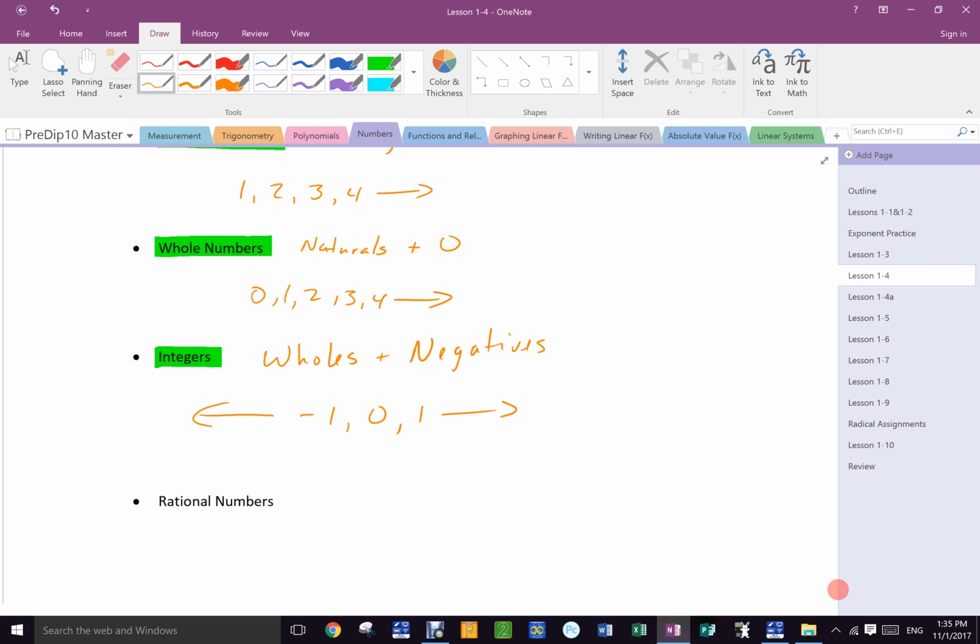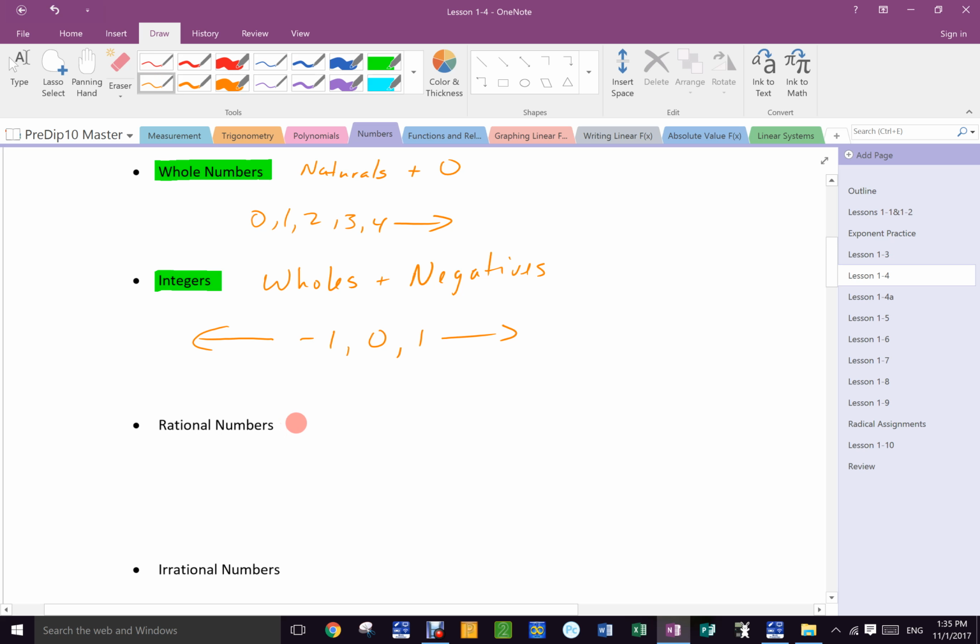I like fractions. So, rational numbers, this is where it gets a little snaky, because there's some math definitions here. Rational numbers are anything that can be represented as the following ratio, like that.